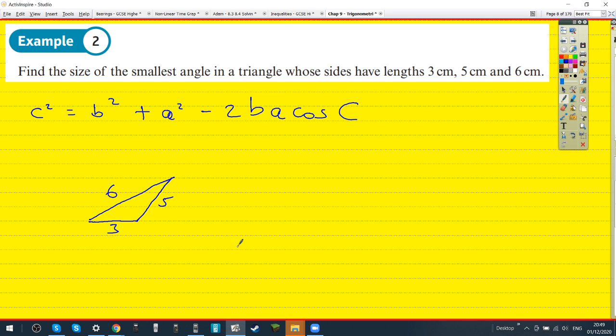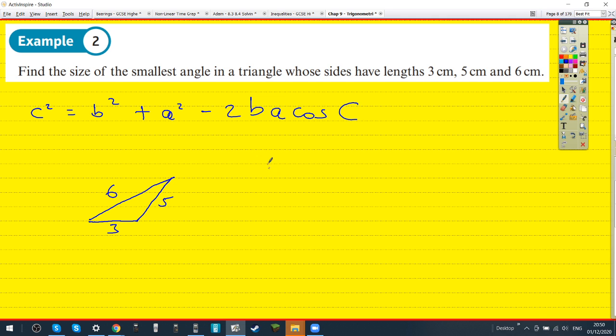Okay, so which angle is the smallest? Probably top right of the triangle. So I think that's because it's opposite the smallest side. Okay, so using that, which side is C? 3. Yes.